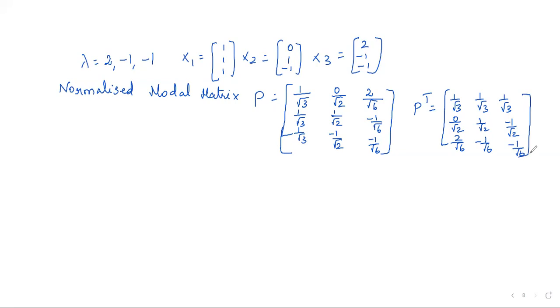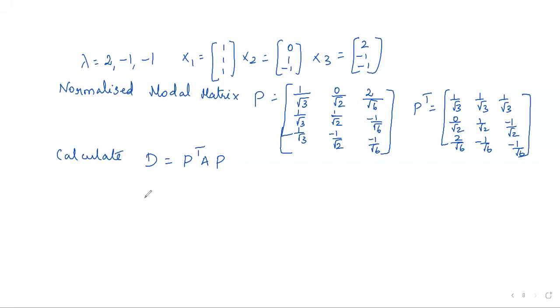Next step, we have to find the diagonalization of the given matrix. So calculate D, and that D is equal to P transpose A P. So first we have to multiply AP, then we have to multiply with P transpose.